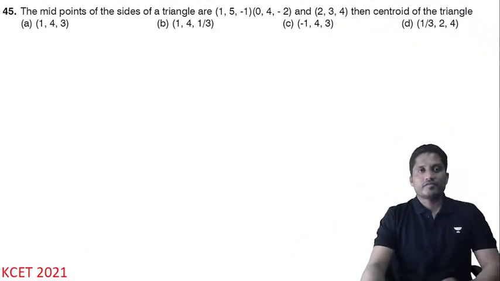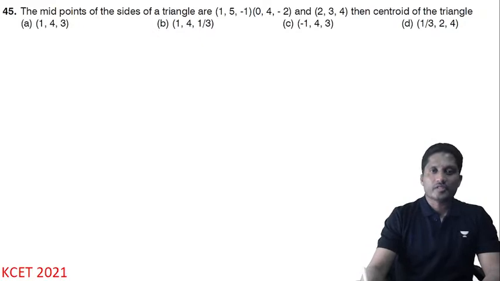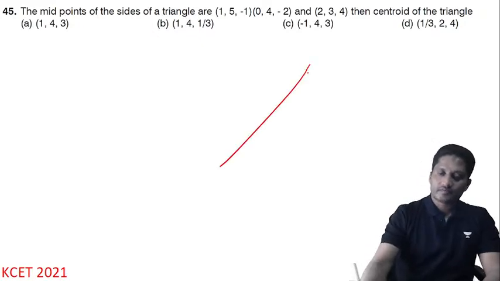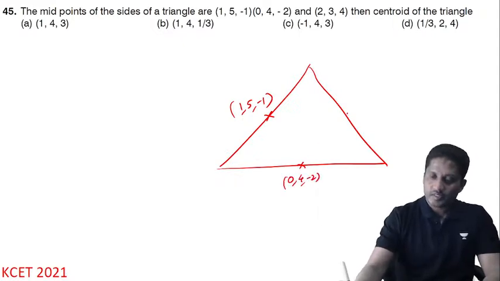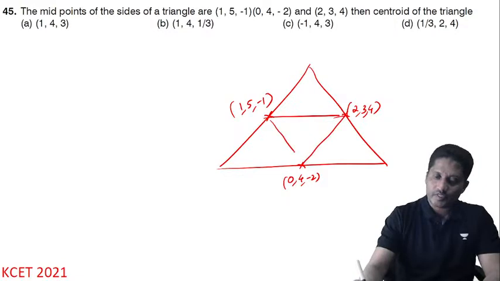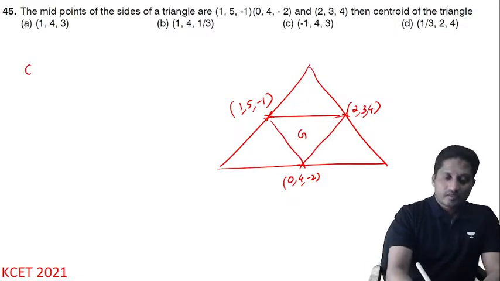Question number 45. The midpoints of the sides of a triangle are given. The midpoints are 1, 5, minus 1, and then 0, 4, minus 2, and then 2, 3, 4. Then what is the centroid? See, the centroid of the triangle formed by the midpoints is the same as the centroid of the triangle formed by the vertices.